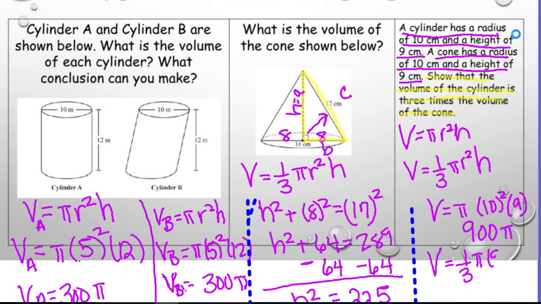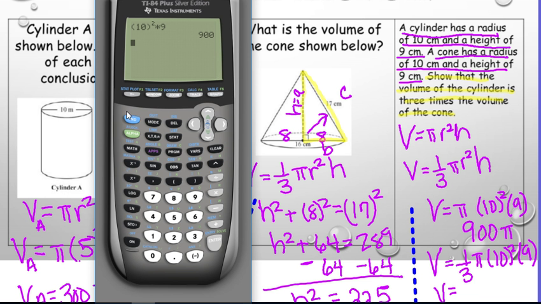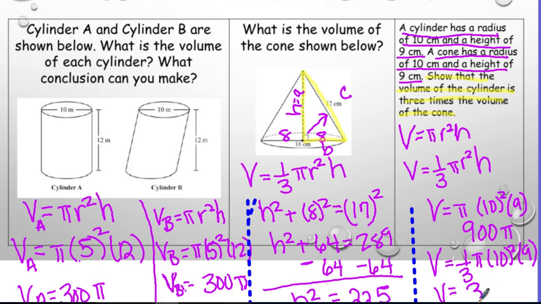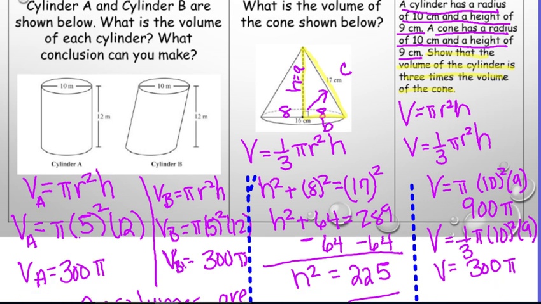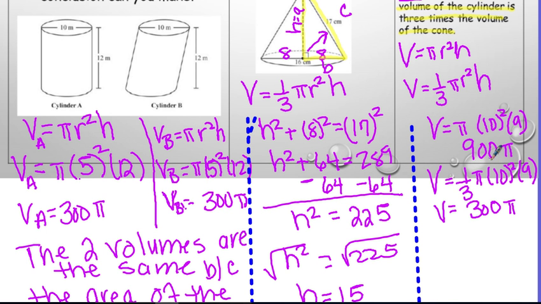The radius is 10 times 9. So here we're going to go to our calculator and we're going to say alpha y equals 1/3, and we're going to say 10 squared times 9, and that's 300. And that's 300 pi.